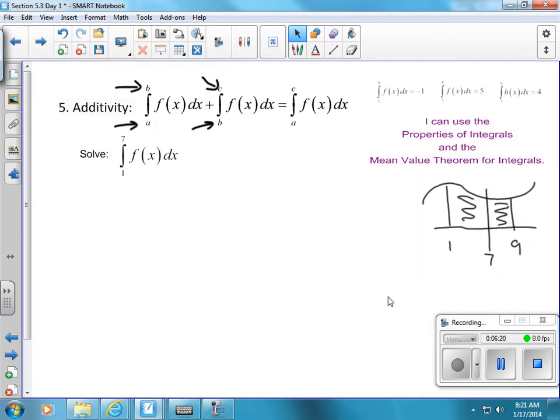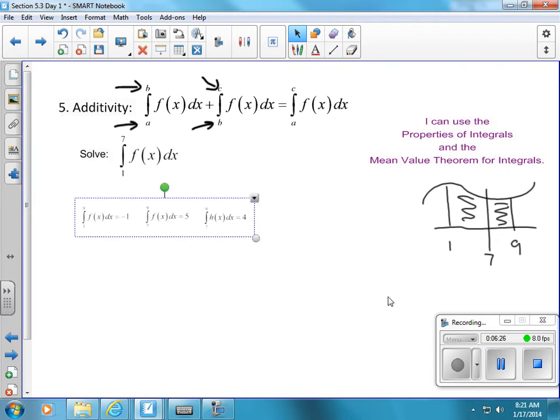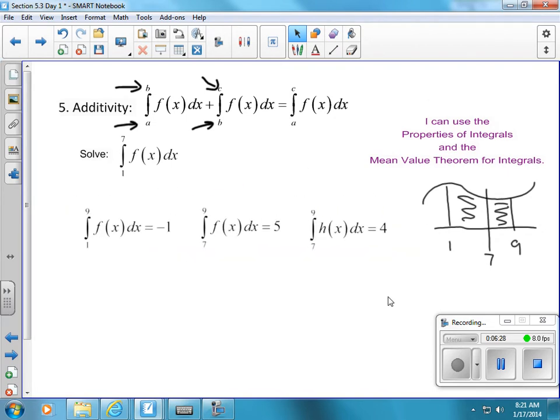Now, we're asked to look at 1 to 7 of the function. Now remember, we were given 1 to 9 and 7 to 9. So along with adding these limits of integration, you could also subtract. If we know what 1 to 9 is, and we subtract 7 to 9, don't we get 1 to 7, the area of 1 to 7?